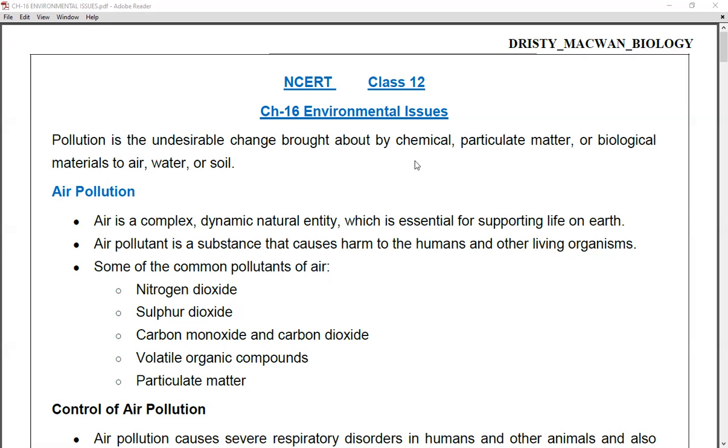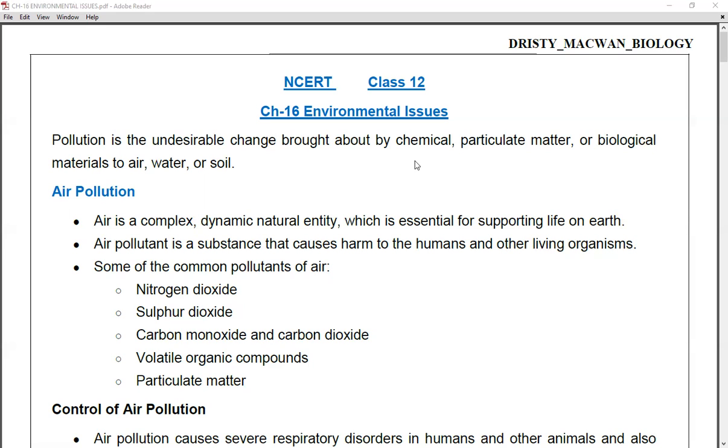on earth. Next, an air pollutant is a substance that causes harm to humans and other living organisms. Normally, if a particular chemical, particulate matter or biological material is causing an undesirable change in the air, then it is causing pollution in the air, and for this reason it is said to be an air pollutant.